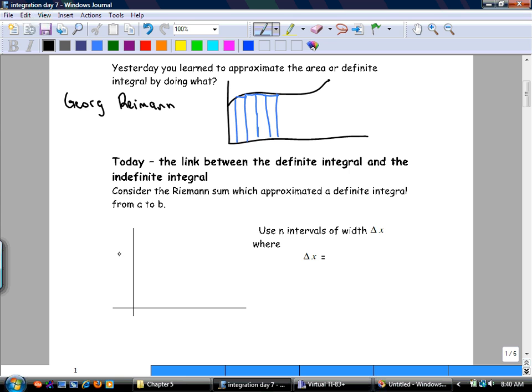I have a curve and I want to find the area from A to B. It says use n intervals of width delta x, where delta x equals, what did we use yesterday to figure out how our table was going to count by? Good. B minus A over n.